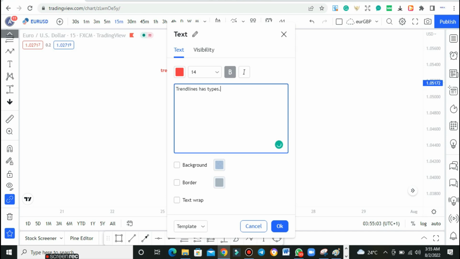So there are the outer, let's call it TL here, the outer TL, and then there is the inner TL.